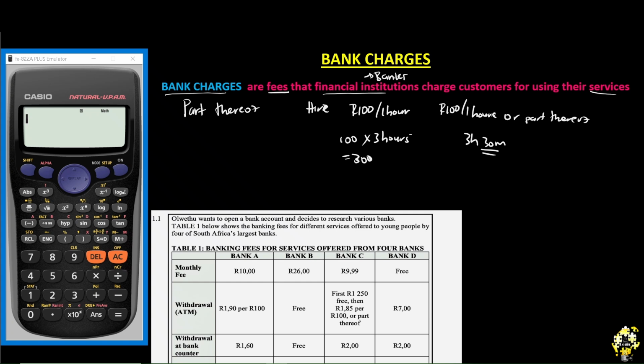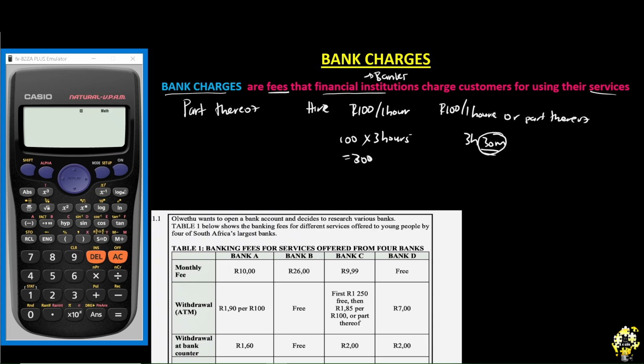No. If it says 100 Rand per hour or part thereof, it means that anything that is part of an hour is treated as an hour. 30 minutes is part of an hour, because an hour has 60 minutes. I hope you knew that. If you didn't, by now you know that an hour equals 60 minutes.